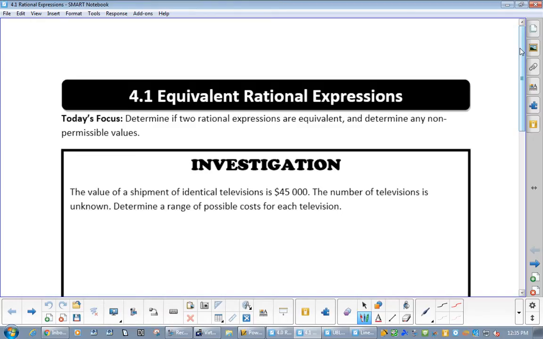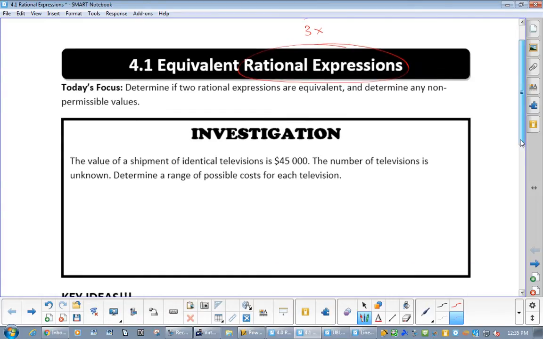A rational number is anything that can be written in the form a over b. A rational expression is something that would have an x or a variable in the bottom, because that changes everything. When you have an x in the bottom, you got to be careful of non-permissibles and all those things, right?